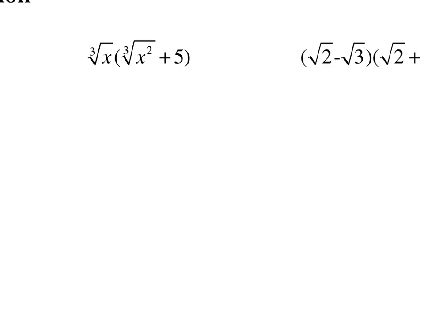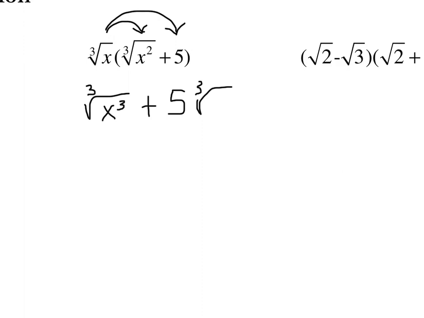The cube root of x times the cube root of x squared. We want to multiply using the distributive property. So the cube root of x times the cube root of x squared is the cube root of x cubed. 5 times the cube root of x.